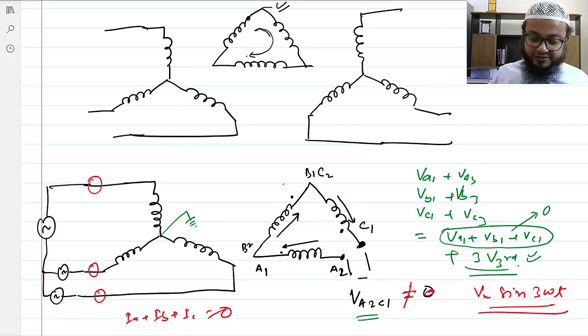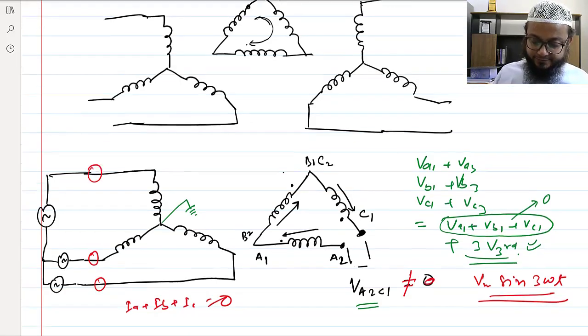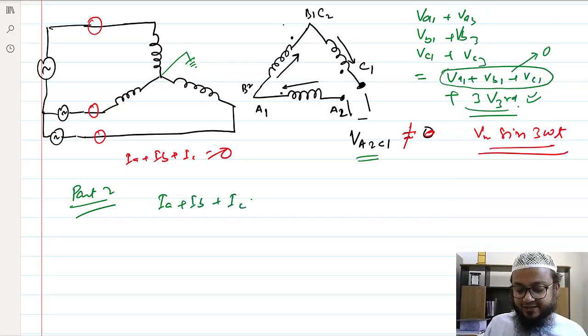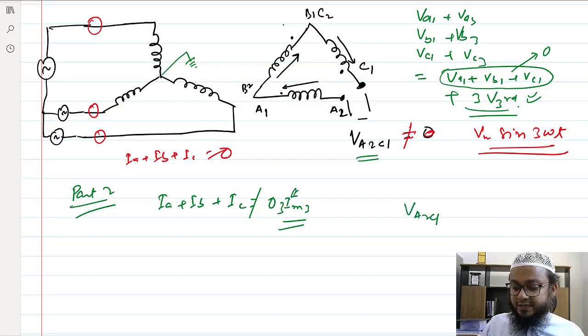But once we have grounded it, then you will see that the sum of these currents is actually not 0, and that will come out in the second part of this experiment. If I have grounded it, then IA plus IB plus IC is not equal to 0. Rather, it is 3 times IM3, some magnitude in the third harmonic component. And if you see the voltage now, this would be 0.